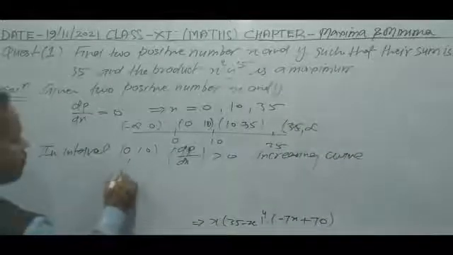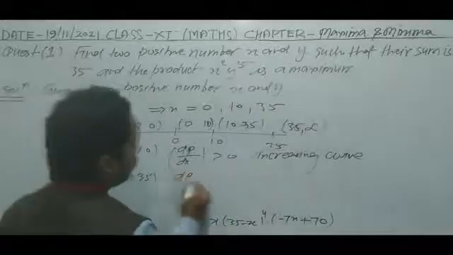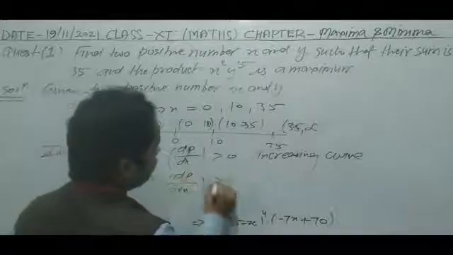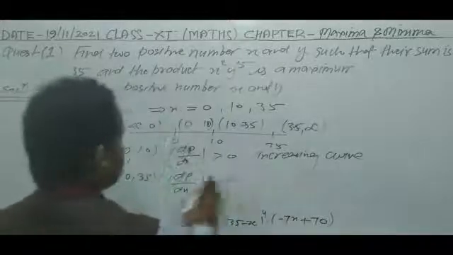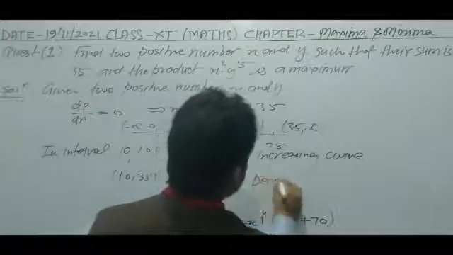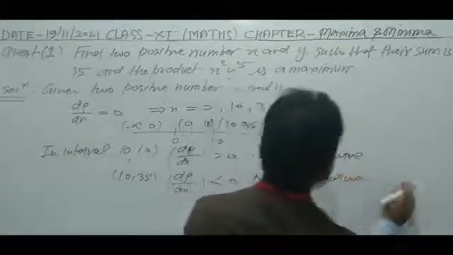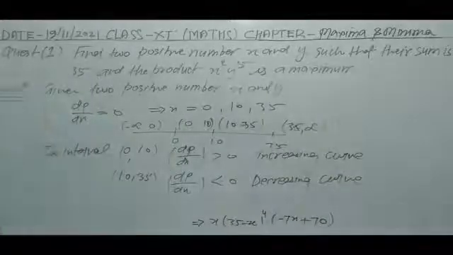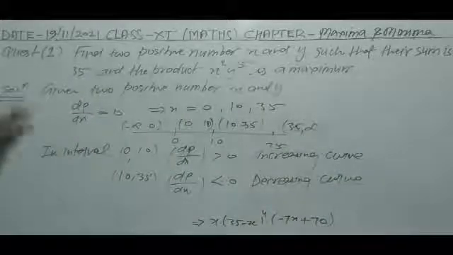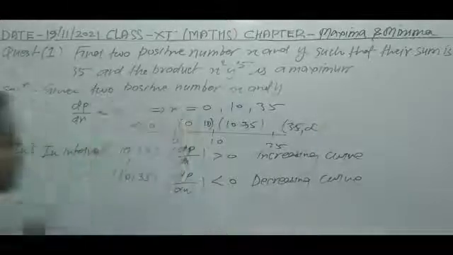Now in 10 to 35, dP by dx is negative, so it is a decreasing curve. So what can we say? Increasing then decreasing.